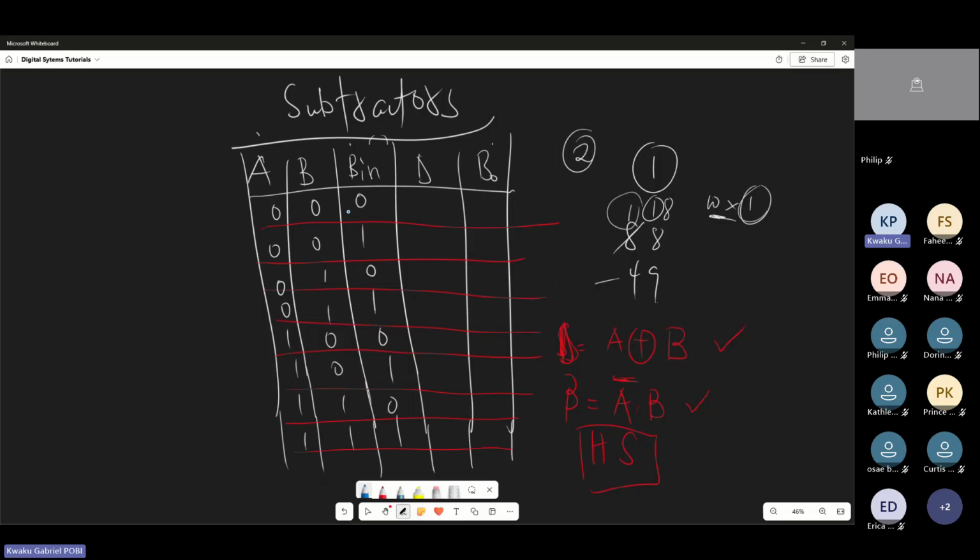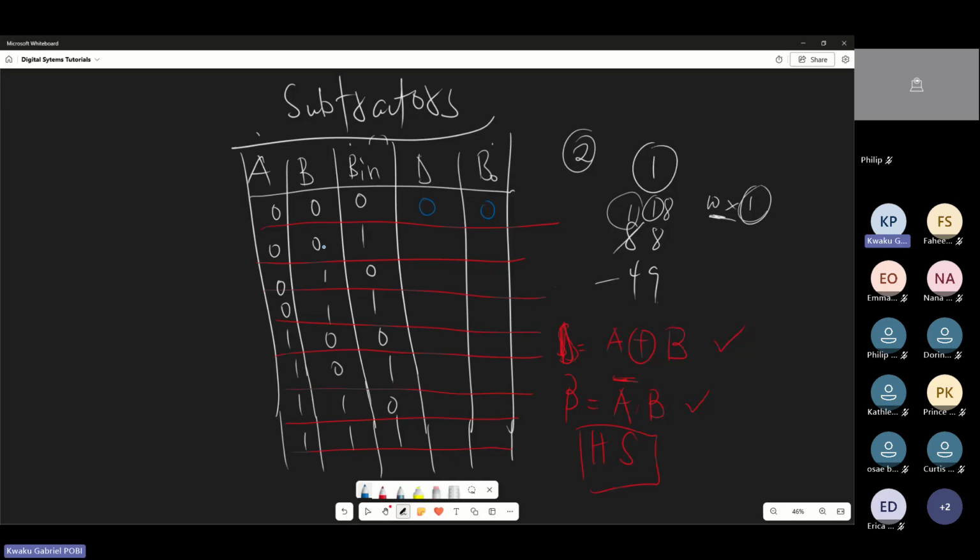Now, so here you do 0 minus 0, which is 0. Then that 0 minus this next 0, which is also a 0. That's what you'll be doing. So this is a 3 input subtractor. So you first subtract the first 2. The answer that you get, then you subtract the last one from it. So here you get difference of 0, B naught of 0.